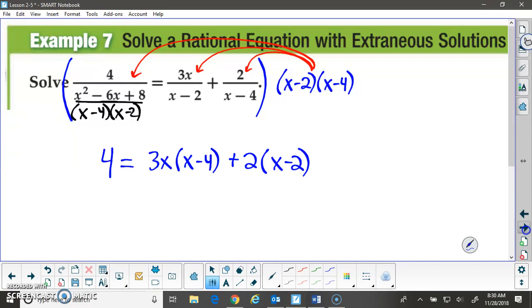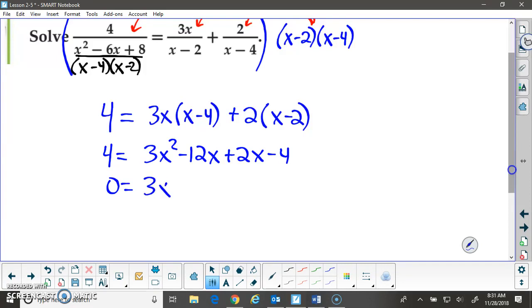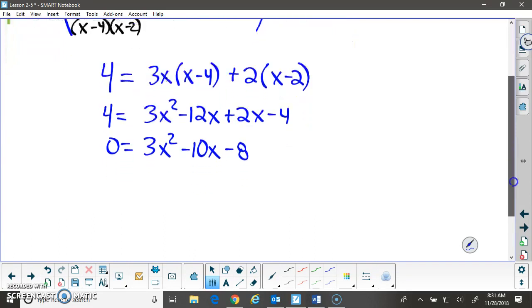This is now a quadratic equation that we can solve. We're going to need to get rid of the parentheses and move everything to one side. And as I move everything to one side, I get the quadratic 3x squared minus 10x minus 8. This is a quadratic that I believe is factorable.